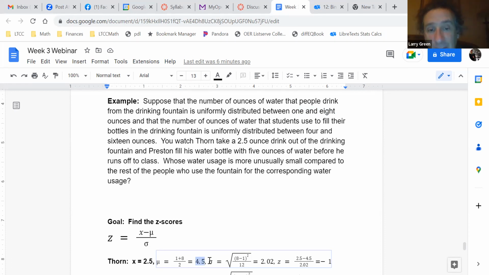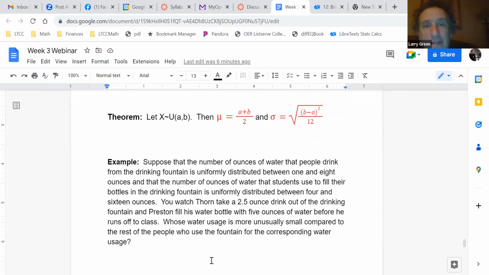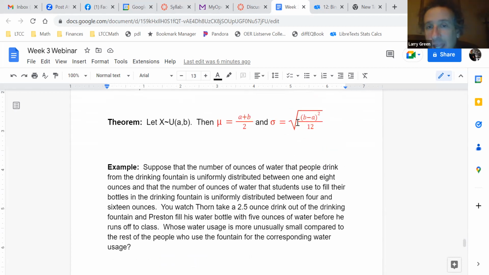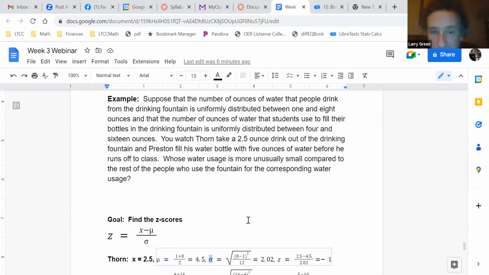Okay, now we have to find sigma. Sigma again is the square root of b minus a quantity squared over 12. So we're going to do square root. b was 8, a was 1, so we get 8 minus 1 quantity squared divided by 12. And then calculators are good.